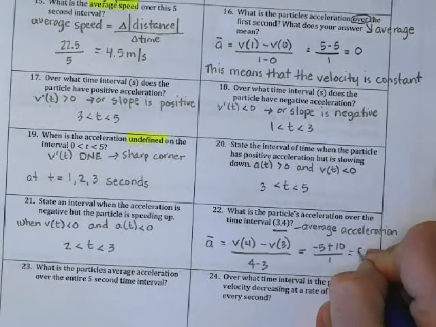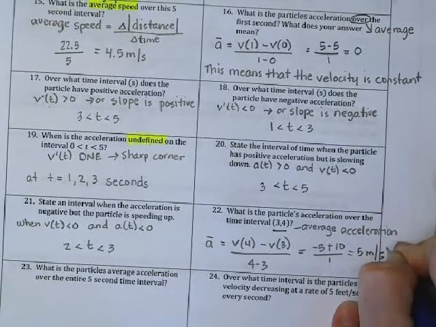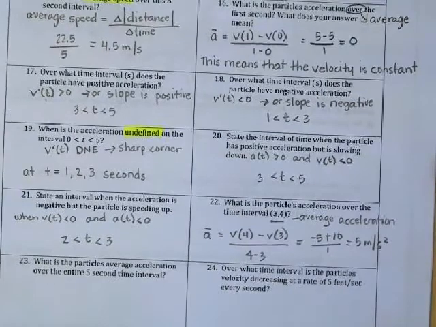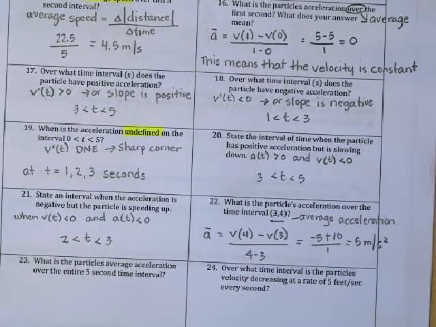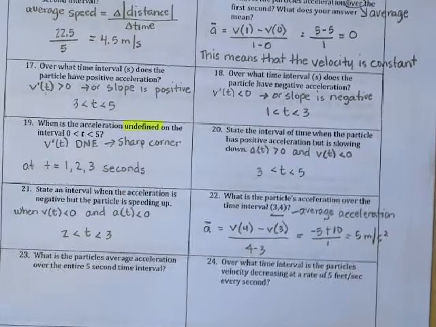And this is going to give us 5 meters per second squared. So when we're looking at acceleration, it's in seconds squared.